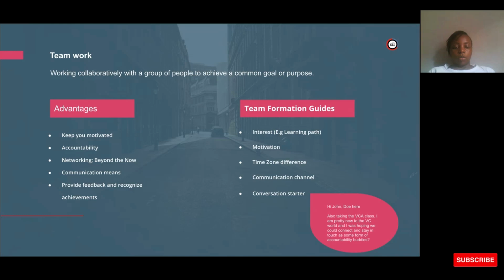Communication channel. We strongly advise that you don't take your communication out of Slack, for now, so you're able to manage all things in one place. That way you don't miss other information that is probably going on while communicating on that channel. So make sure you keep all your conversations in Slack, okay?